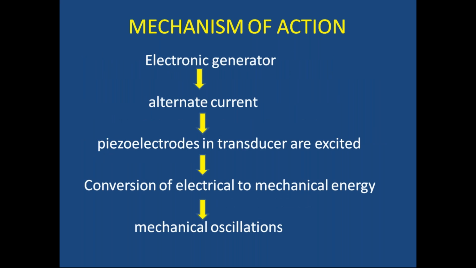This is not much required for you, but I am explaining it because it may be something used in your practice. So the electric generator produces alternating current, and the piezoelectrics in the transducer are excited. Conversion of electrical to mechanical energy occurs, and mechanical oscillation results.